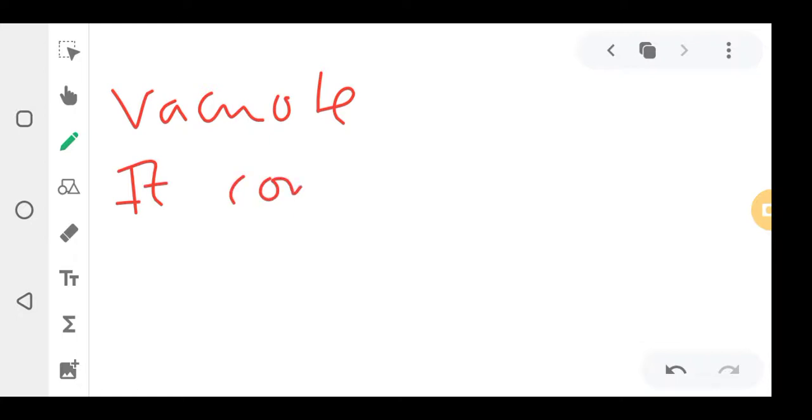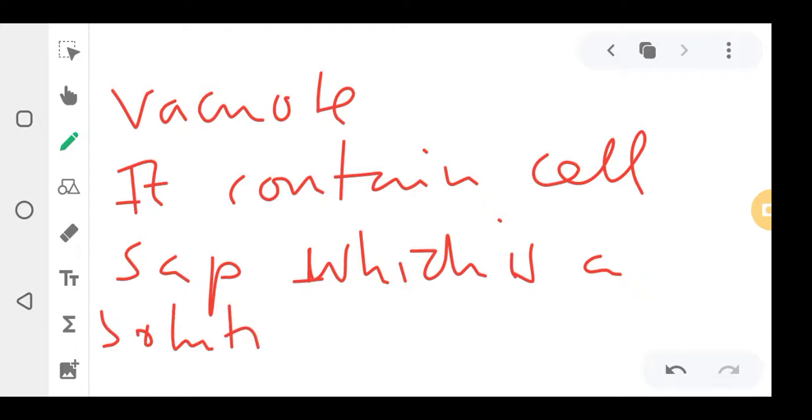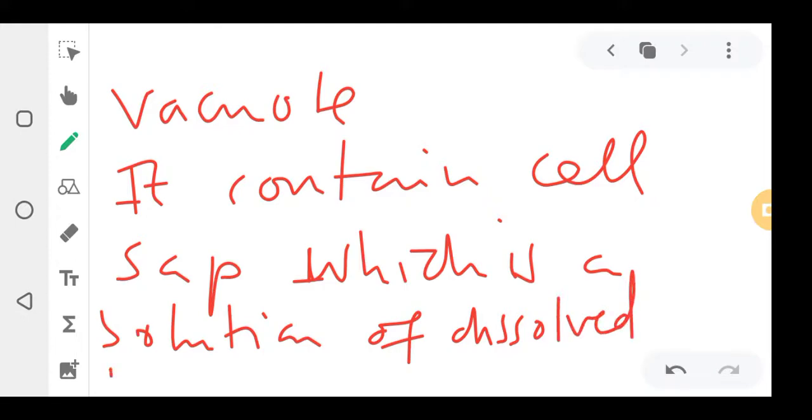It contains cell sap, which is a solution of dissolved mineral salts.